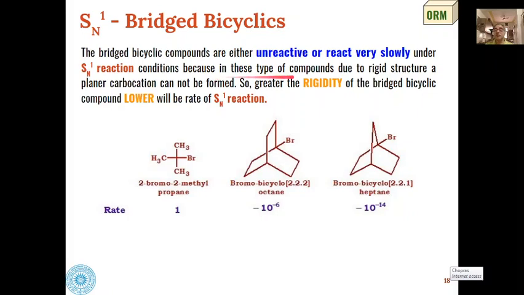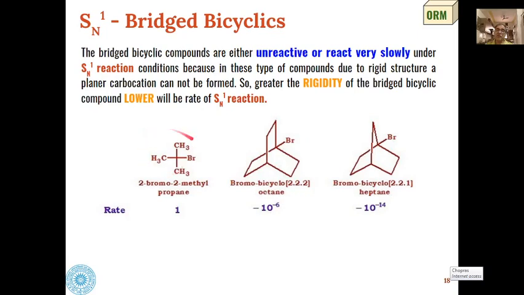The reason basically is the rigidity of the bridged bicyclic compounds, and because of their rigidity, it is not possible for the generation of the carbocation. Because the carbocation formed is not a free carbocation, the rate of reaction is very slow in case of bridged bicyclic compounds.